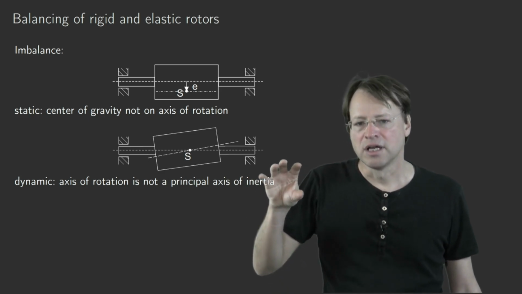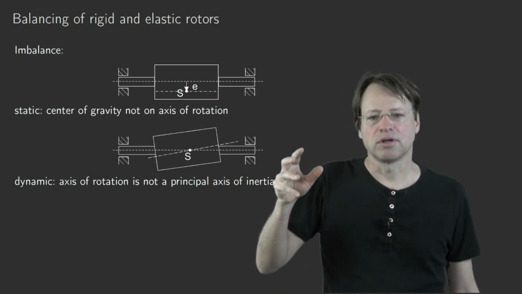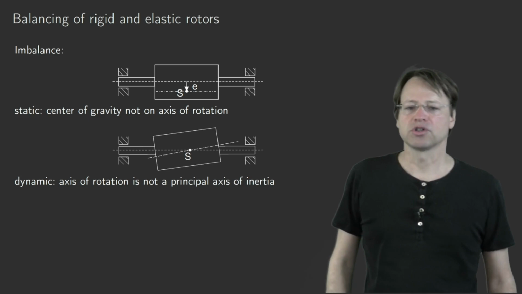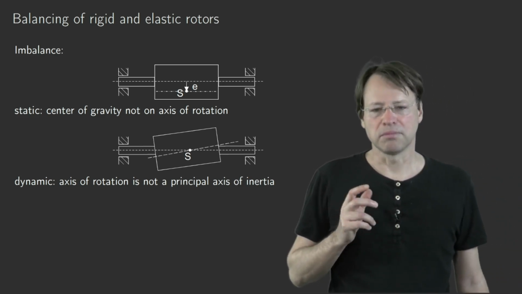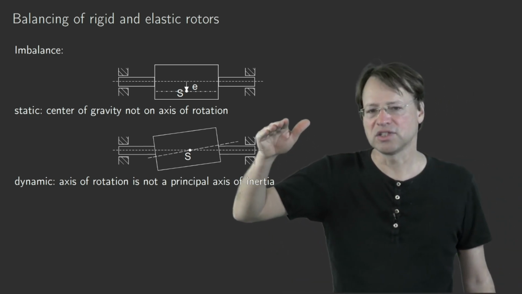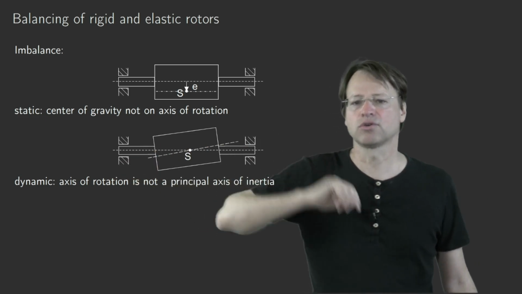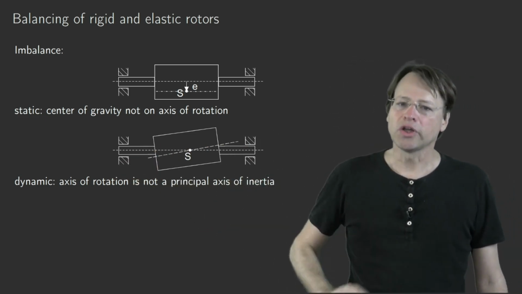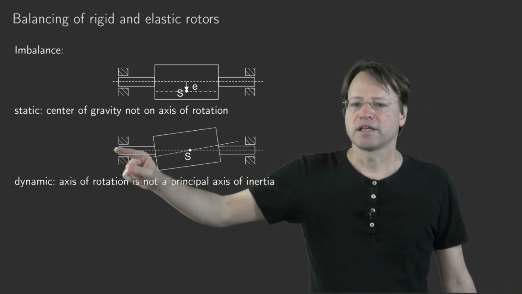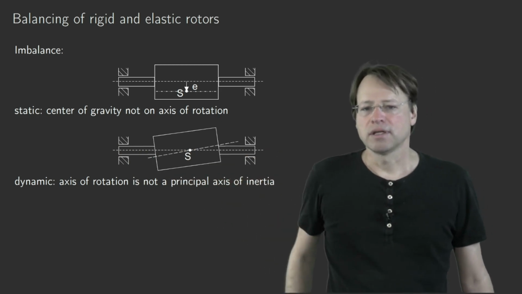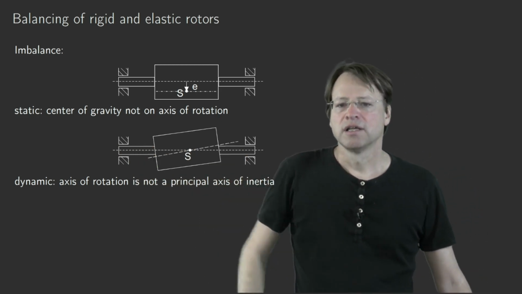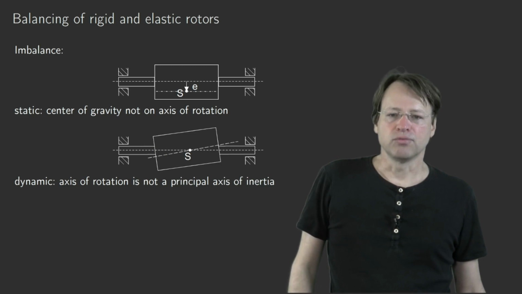However, the principal axis of inertia, the principal axis for the mass moment of inertia, as you can see here, the axis of symmetry for that rotor, is not aligned with that axis of rotation, with that axis that connects the center points of the two bearings.